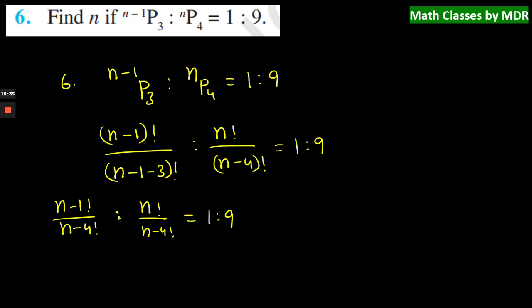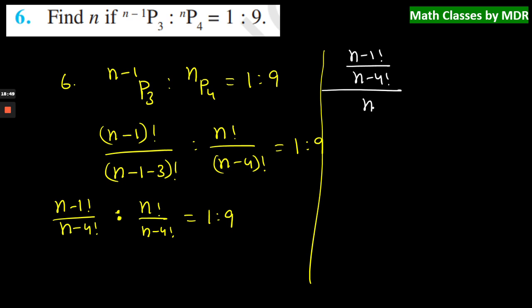So now, in other words, let us write it as (n minus 1) factorial by (n minus 4) factorial, whole divided by n factorial by (n minus 4) factorial, which is equal to 1 by 9. That is the meaning of this ratio, right?